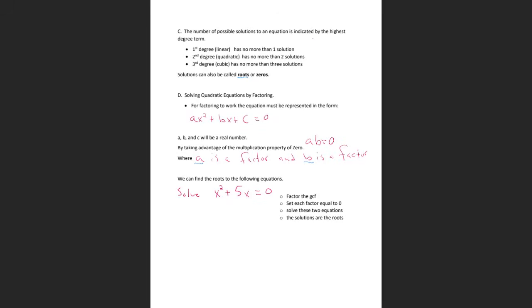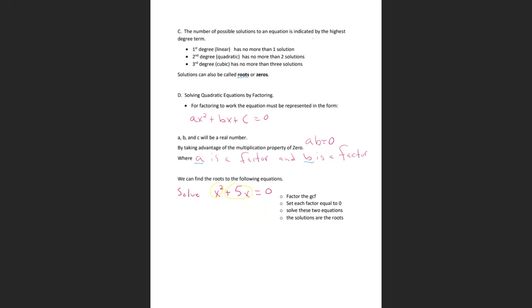So let's see if we can find the roots of the following equations. Again, we want to find the solutions. Remember, in factoring, one of the first examples they usually give you is just find the GCF. If I look at these two terms, we have this x squared term and this 5x term.